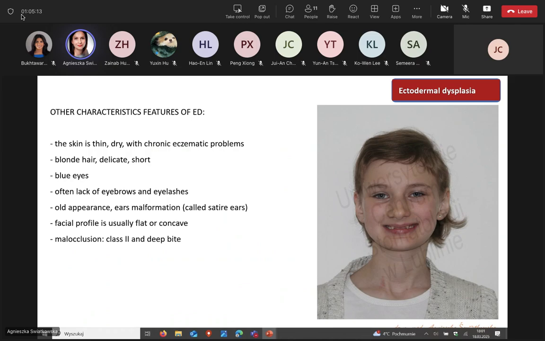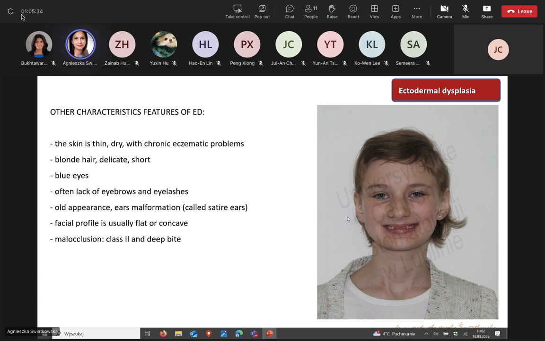The skin in this group of patients is thin, dry, with chronic eczematic problems. Blonde hair, they are short, with blue eyes, very often lack of eyebrows and eyelashes, an older appearance, eye malformation, and characteristic satyr ears.